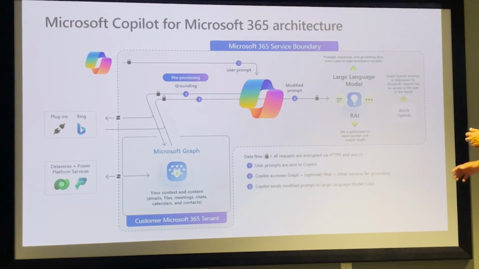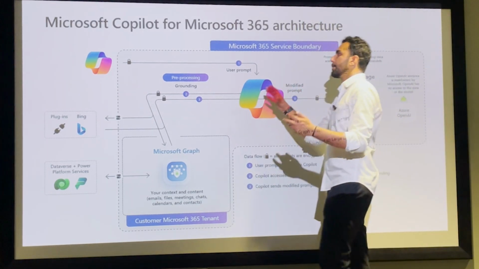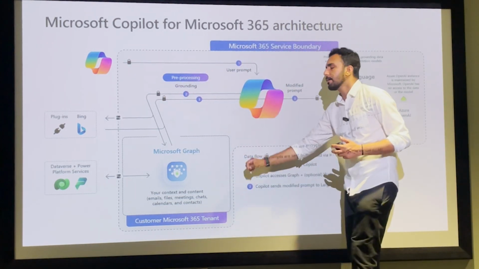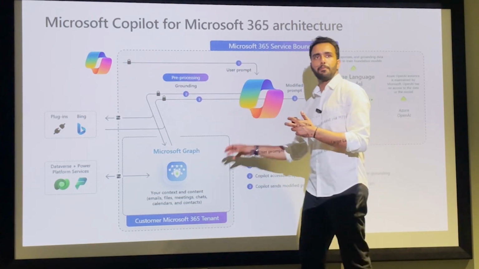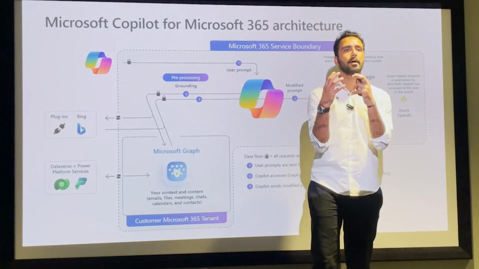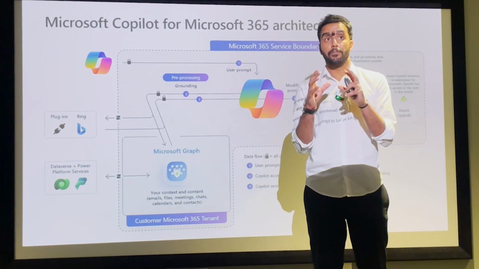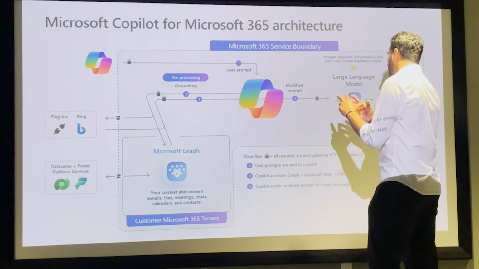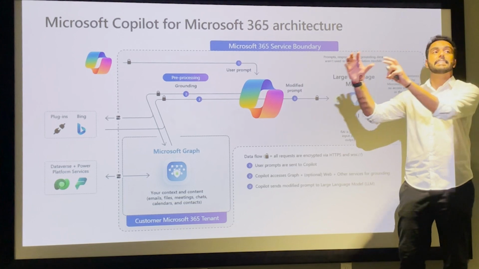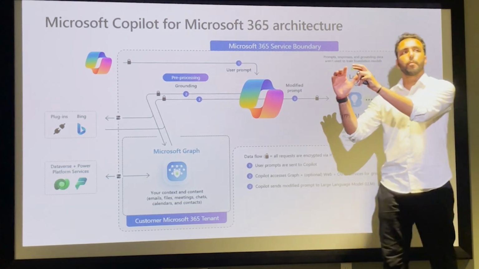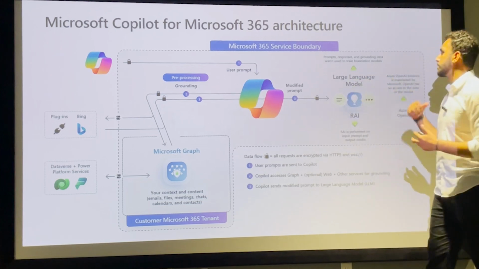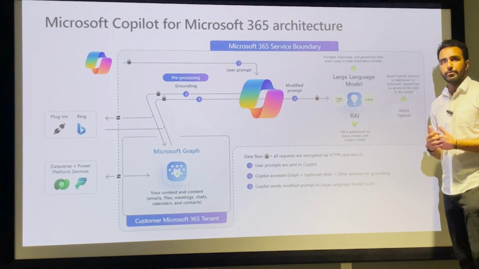Now the next part is, once all the information is gathered, based on the prompt that the user made, based on the information regarding that prompt that was available in the Microsoft Graph and the third-party application, everything else is combined. This is a really beautiful process. Now everything is combined with Copilot, and Copilot sends it now to the LLM, to the models, to the large language models that we have here.